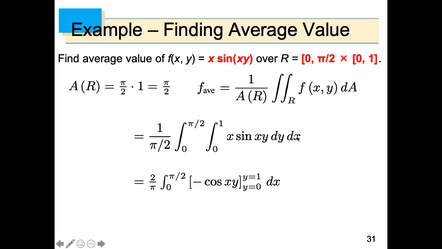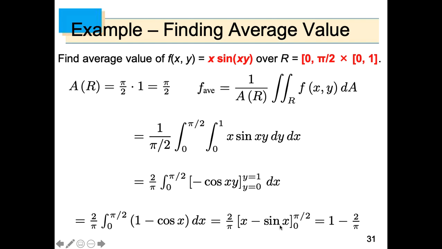So to me, doing dy first is an easier integral to do because if you do dx first, you're going to have to integrate by parts, which is fine. But either way, you end up getting this. In this case, you end up integrating with respect to x now, which is pretty basic and easy, which gives us this, which equals 1 minus 2 over pi.